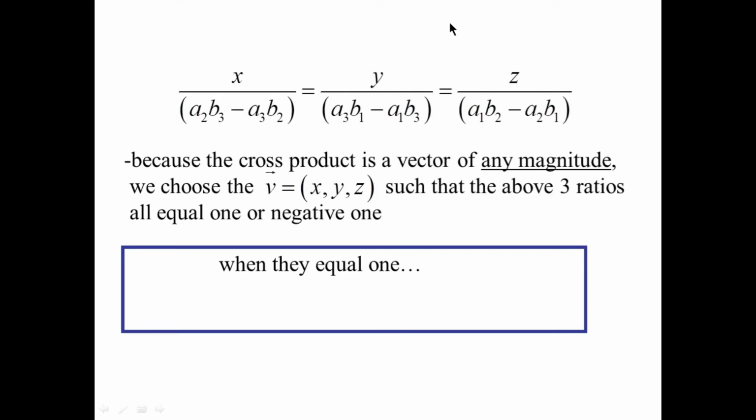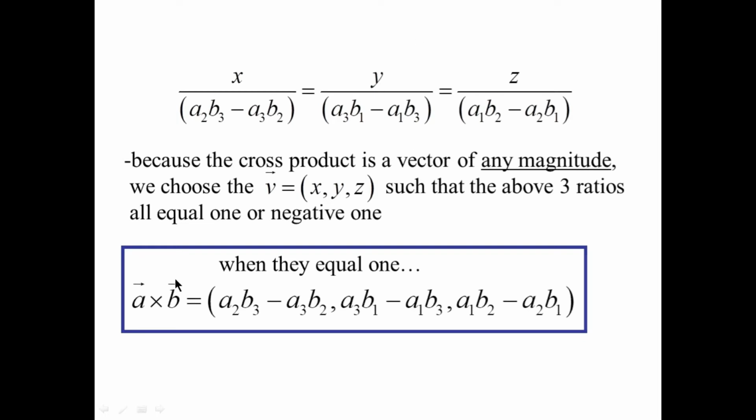And our rationale is that we're assigning a value of 1 to each of these expressions. We can do that because it's a vector of any magnitude. And when we do that, we get a formula for the cross product. And there it is. The derivation.